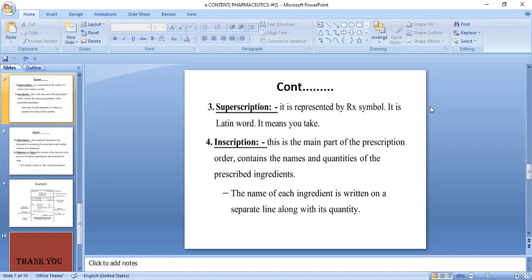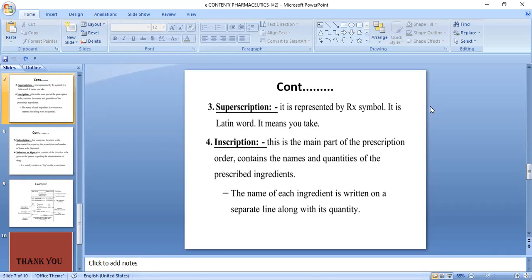Now, the fourth part is the inscription. So superscription, inscription, subscription is mainly the body of a prescription. Inscription is the main part of the prescription and contains the name and quantities of the prescribed ingredients. As I said in the last slide, compounding instruction should be written very clearly.